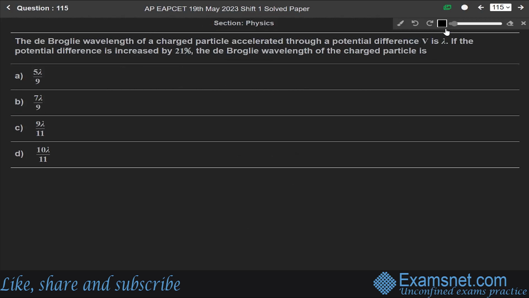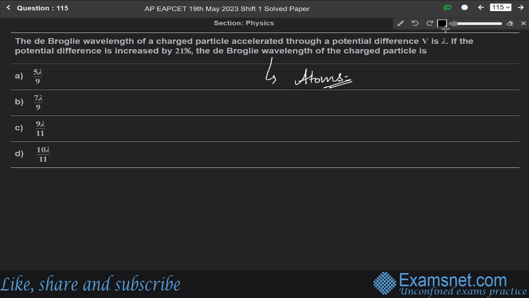Now next question 115. The de Broglie wavelength of a charged particle accelerated through a potential difference V is lambda. If the potential difference is increased by 21%, the de Broglie wavelength of the charged particle is. Okay. So this question is from the chapter of atoms.